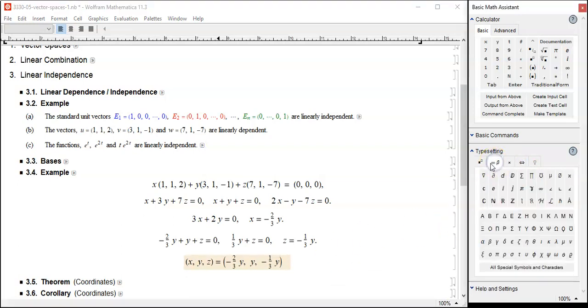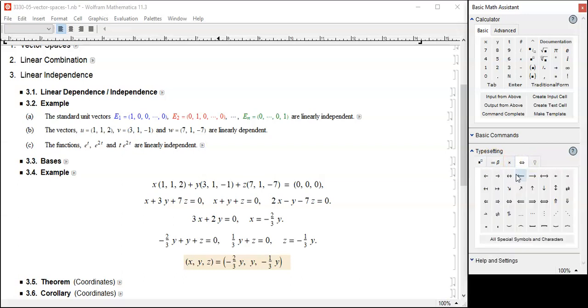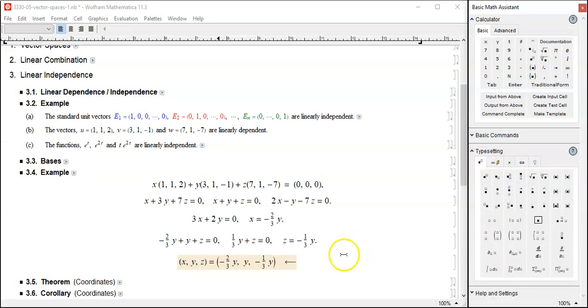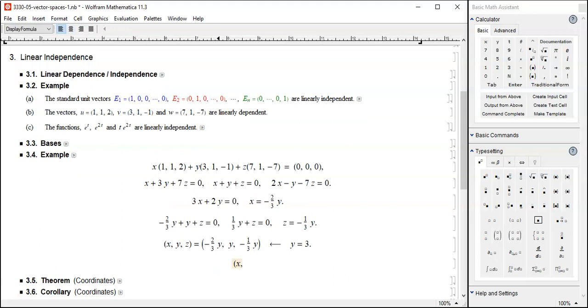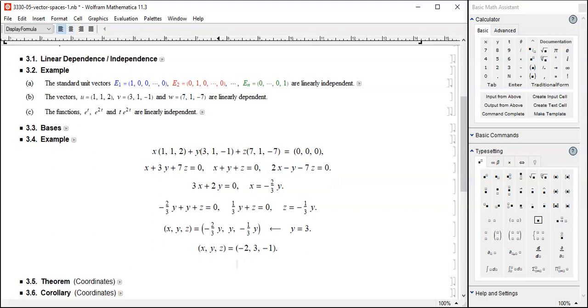And then y can be arbitrary, so I can put in any number I want. And strategically, I'm going to put in y equal to 3 in order to kill off all those denominators. So x, y, z will be negative 2, 3, negative 1. And that says here x, y, and z are negative 2, 3, and negative 1.